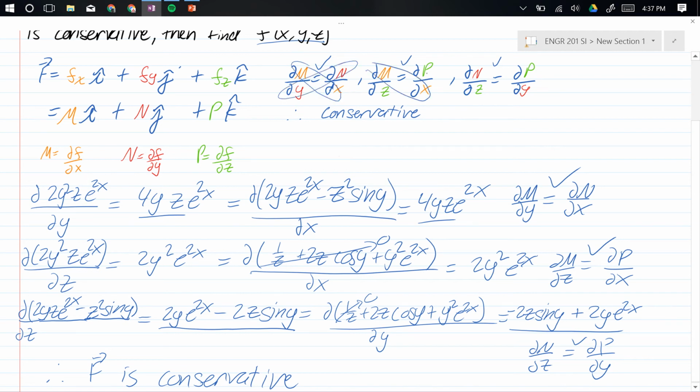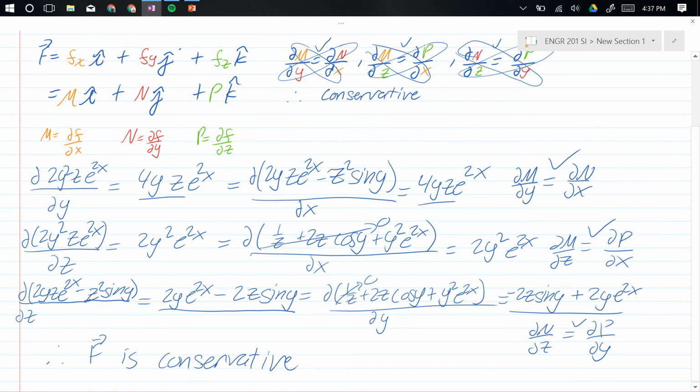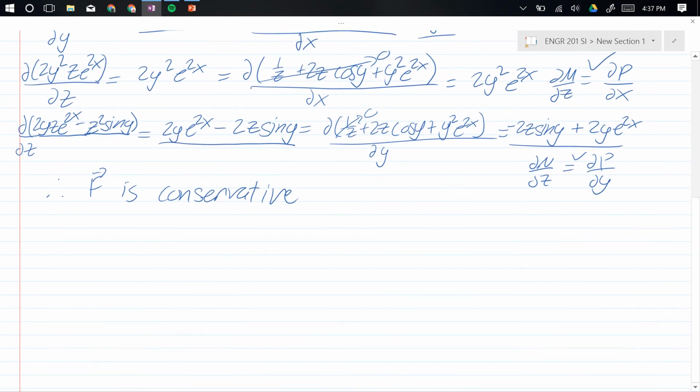So you have to make sure you do all three of these pairings. This is a good way to memorize it and not forget it. Hope that helps for the conservative part of this.